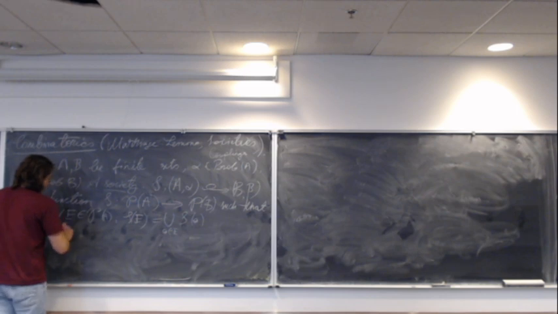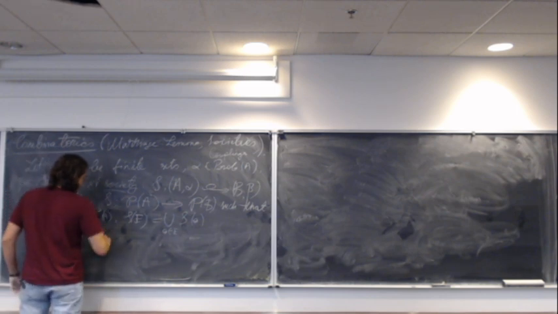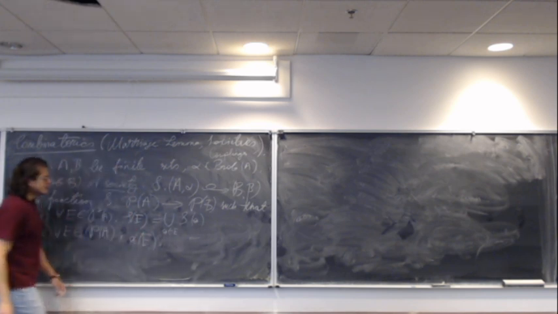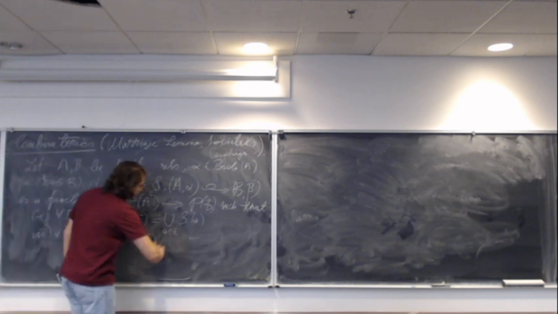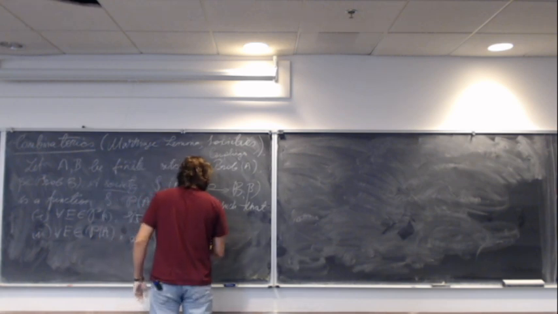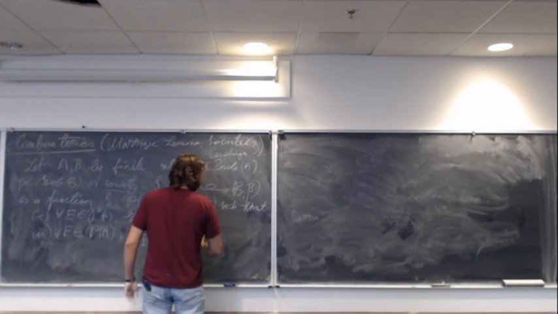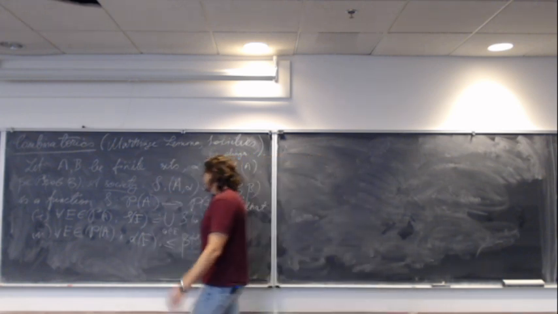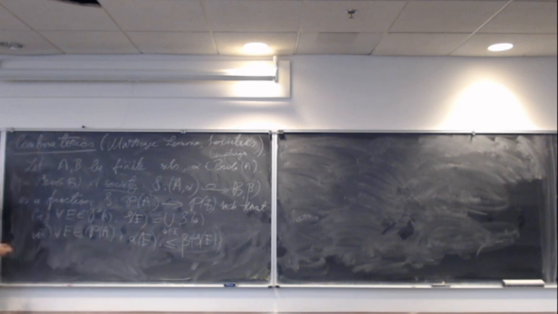That is to say, for all E a subset of A, the measure of E should be dominated by the measure of its image. Okay. So property 2 is strong absolute continuity, that's how I imagine this.